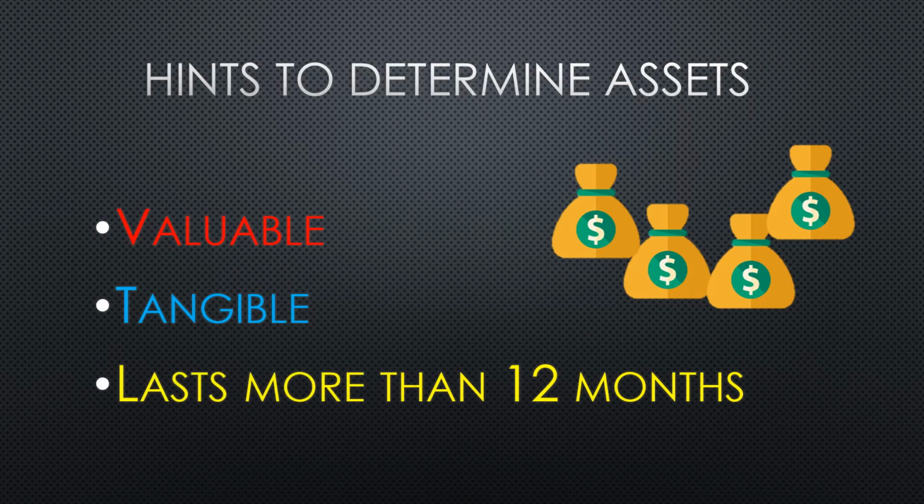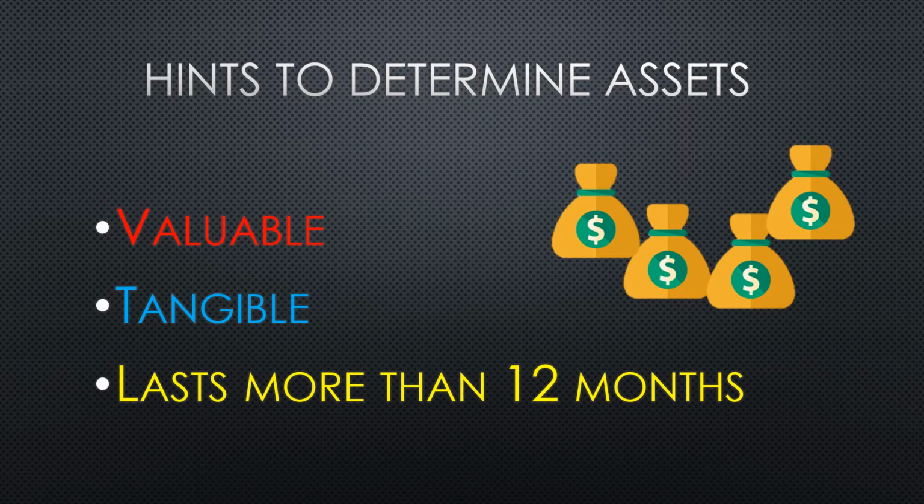So how do I determine what constitutes an asset? There are a number of clues when you look at transaction analysis to determine what the account actually is. For example, an asset is something that is valuable. So in other words, it is usually expensive. It is tangible, so something you can actually touch and feel, and usually lasts more than 12 months.